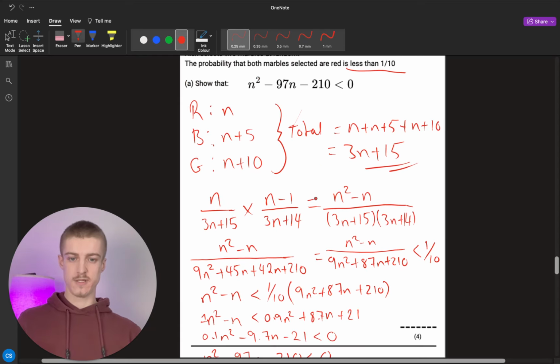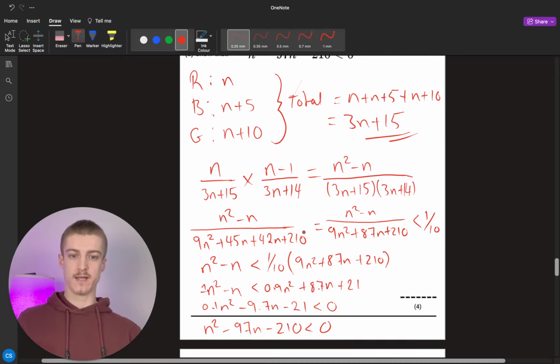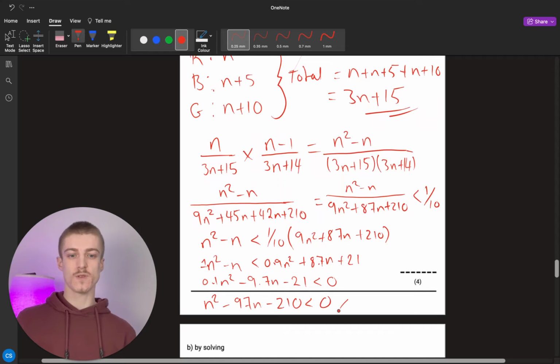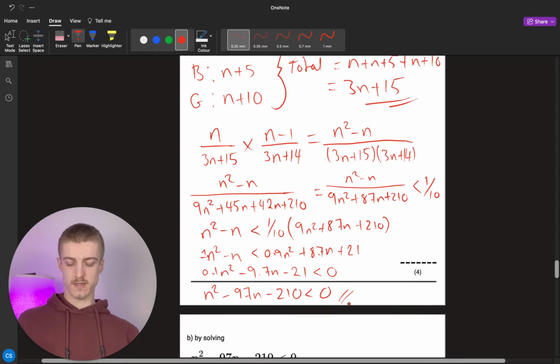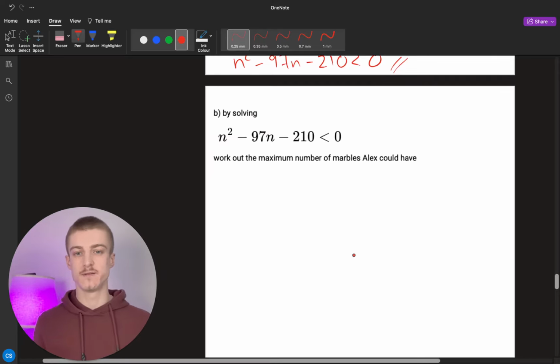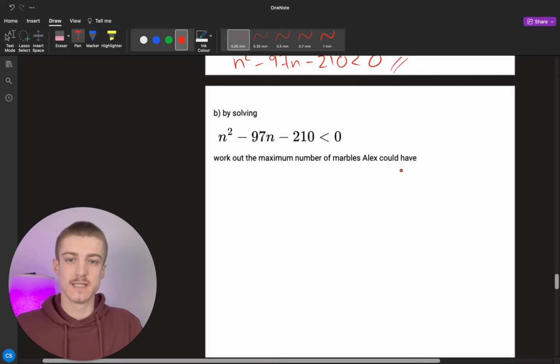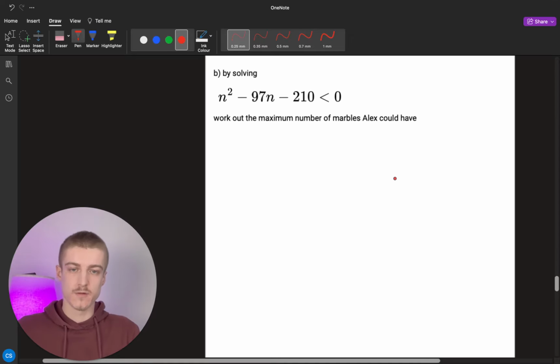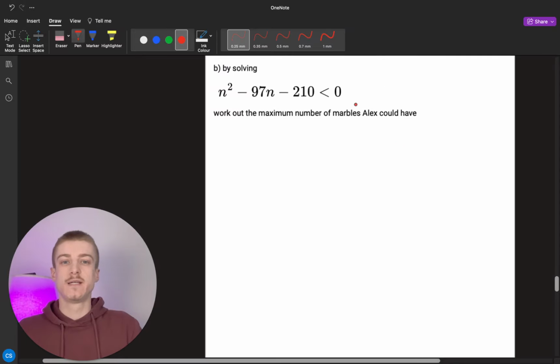So that's going to be positive 97 squared minus 4 times a, which is 1, times c, which is minus 210. All over 2 times a, 2 times 1 is 2. So let's plug this into our calculator and see what we get.